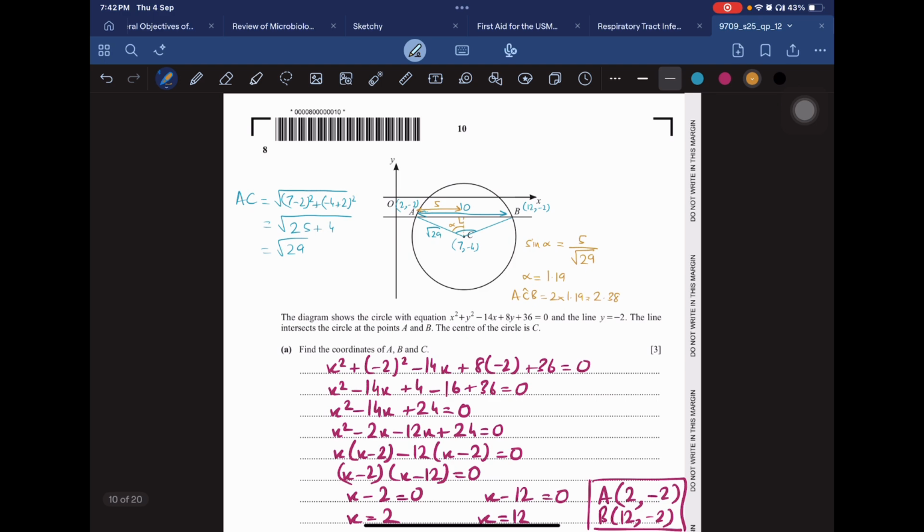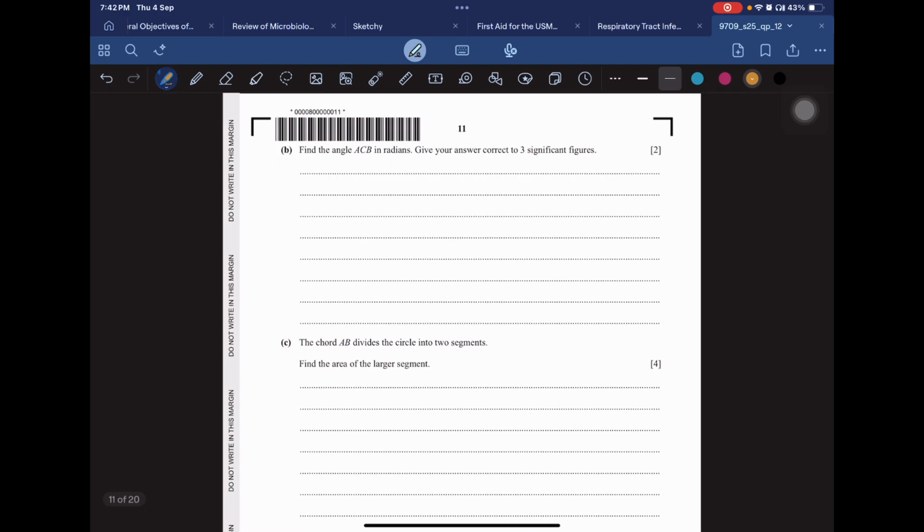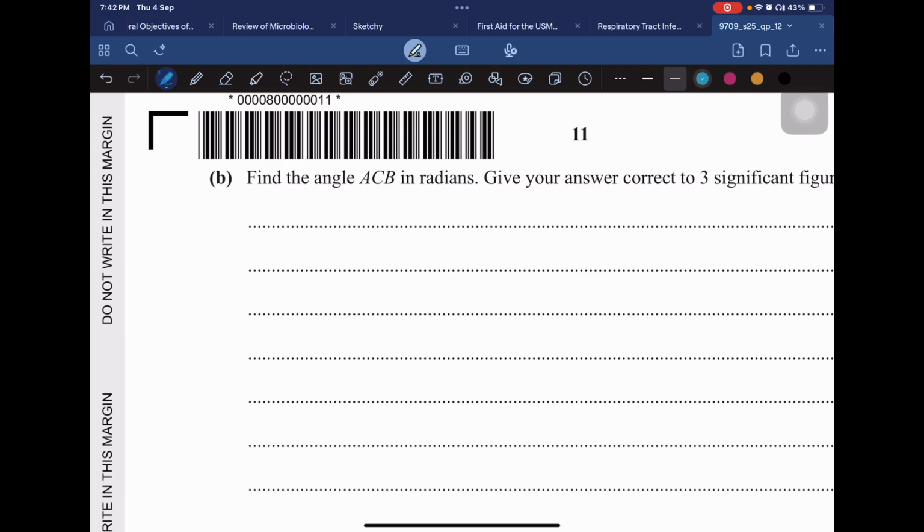What you can do is that you draw the triangle over here to show your working. So you draw something like this. A, B, C, you show that this distance is 10.